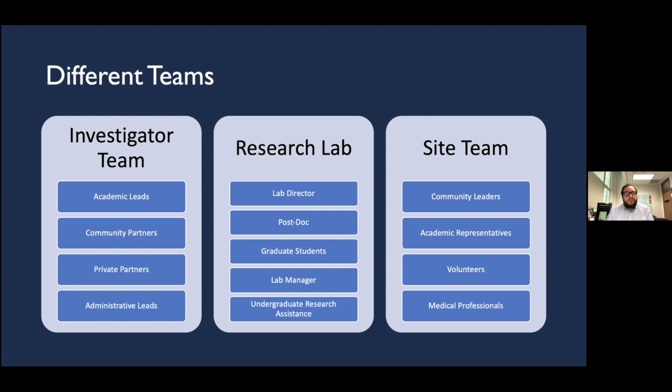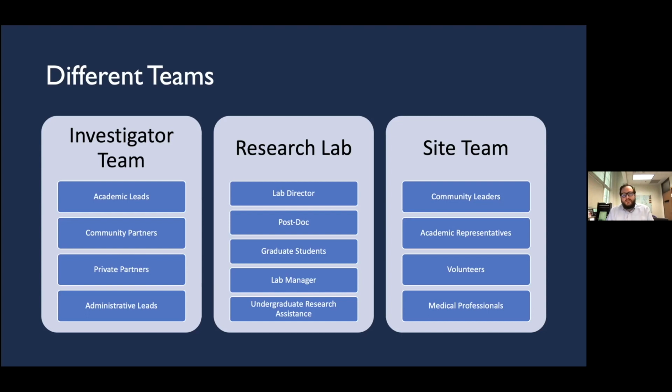You may have private partners if you're looking to develop some tangible deliverable in terms of a new product innovation, as well as your administrative leads. Those are usually at the top of the hierarchy. You have your research labs. Everyone on this call likely has participated or is leading one of these right now.